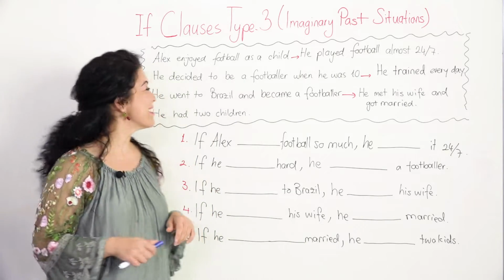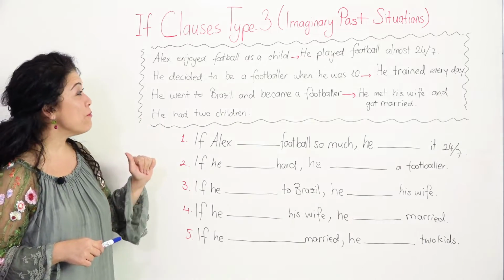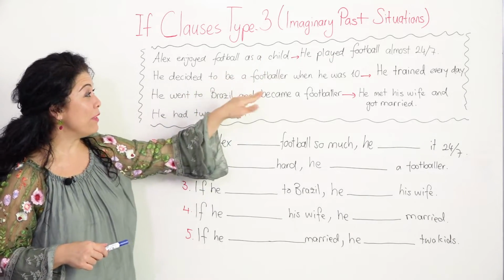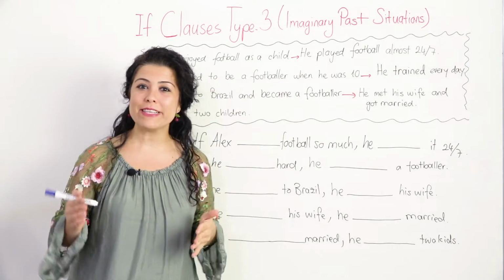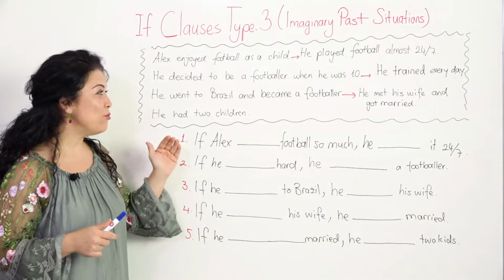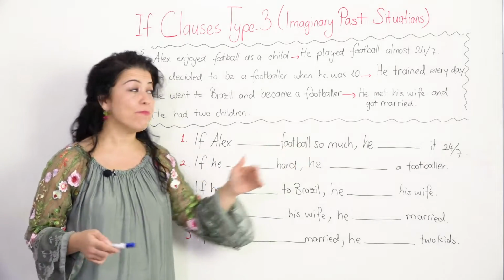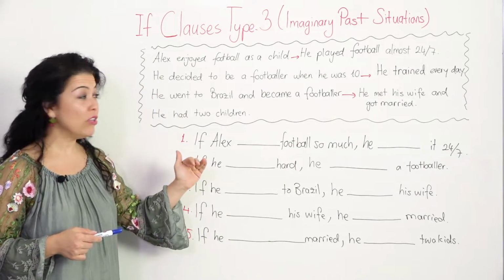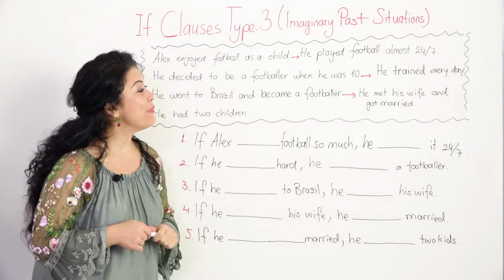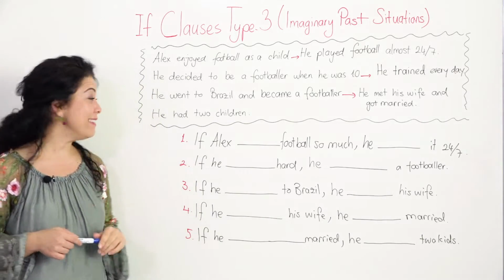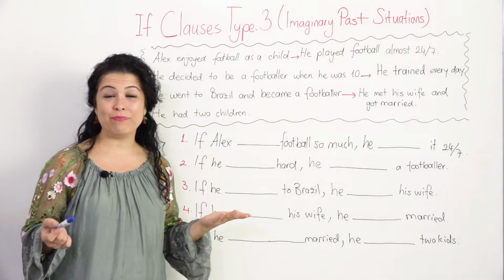Alex enjoyed football as a child. He played football almost 24/7. He decided to be a footballer when he was 10. He trained every day. He went to Brazil and became a footballer. He met his wife there and got married, and he had 2 children.